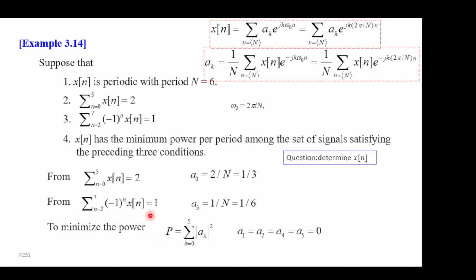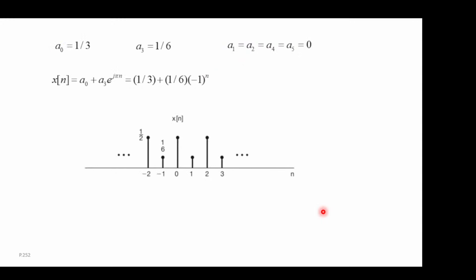This is an easier example because those two conditions directly correspond to the summation equations, but sometimes maybe they will say xn is a real function, or maybe a real even function, and you will see that means some of your ak is related to some other ak in some way. For example, if xn is real, then a1 will equal the complex conjugate of a minus 1, etc. So you need to be familiar with the properties to solve these questions.